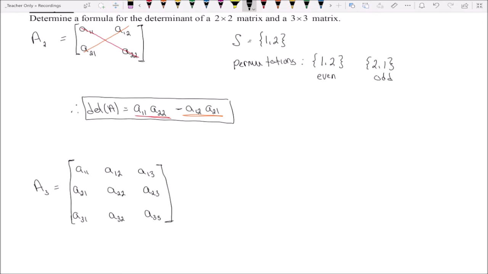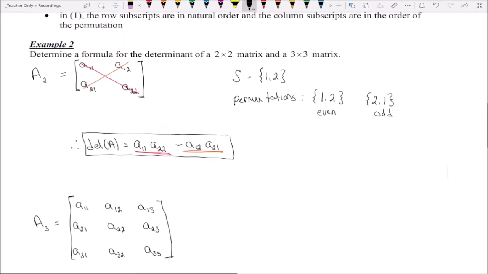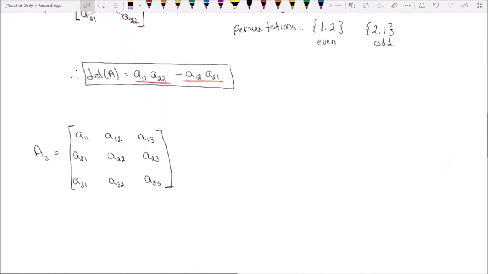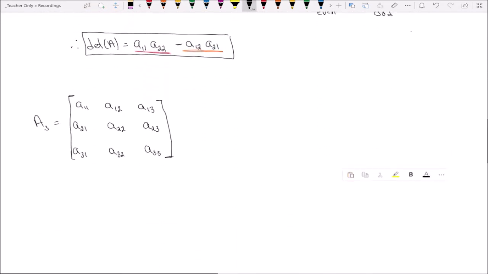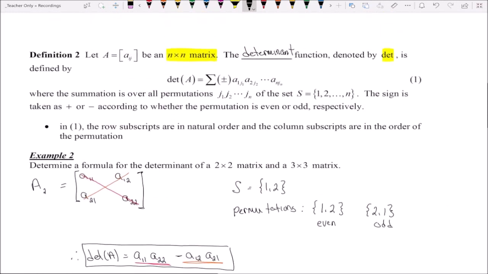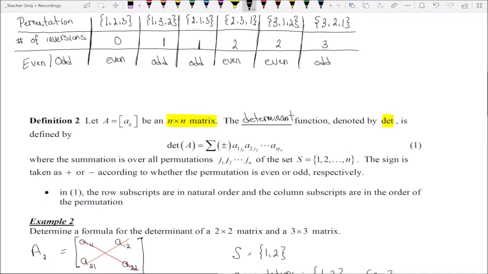Right, the permutations, well, we already did this, right? This was the first example. I'm not going to rewrite them, so let's just say, therefore, the determinant of A. So we're going to use the first permutation, which is even.